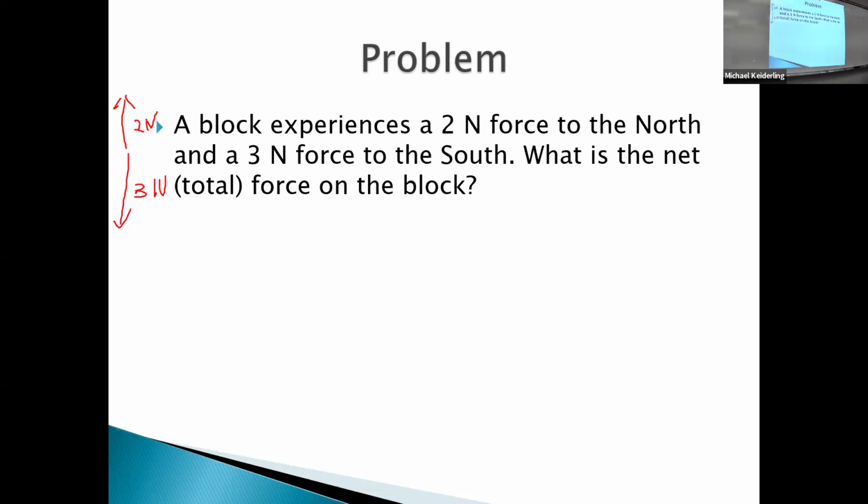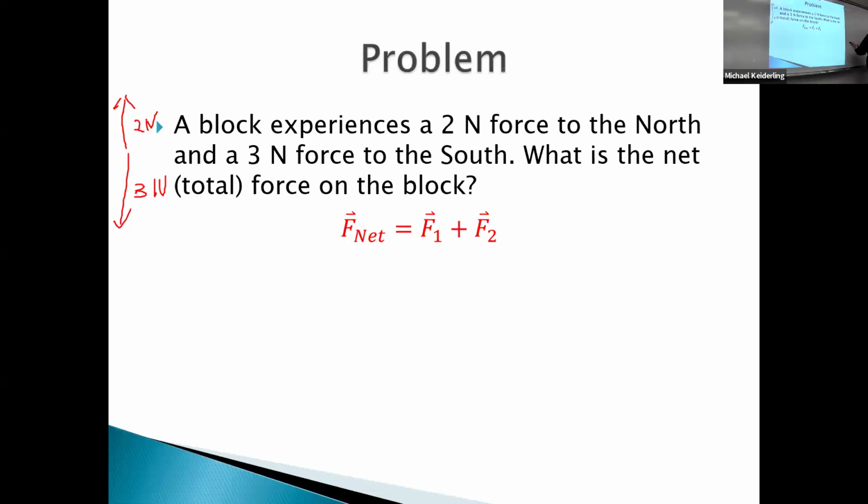Well, we have 3 Newtons pulling south, 2 Newtons pulling north. We've got more force pulling south than north, so our net force is going to be in the south direction. And two of it is going to get canceled out by the 2 Newtons pulling north.